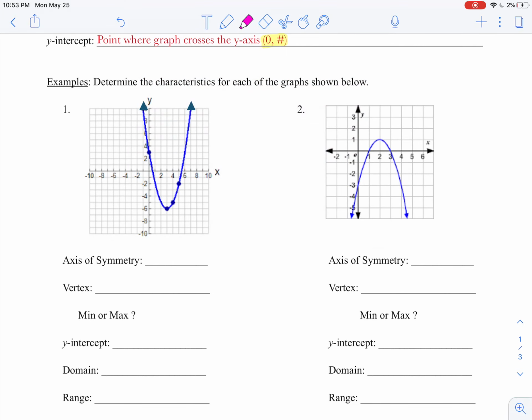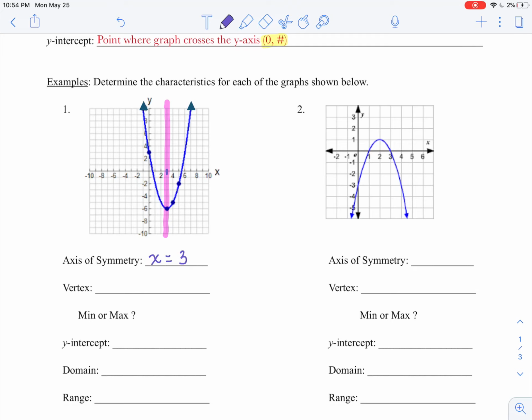When I look at my graph, the axis of symmetry is always going to be the fold line that makes the two halves symmetric. For this graph, imagine you can fold it right along this line here, right down the middle. That line has the equation x equals, and then the x number for that line. Well, this one is at x equals 3.